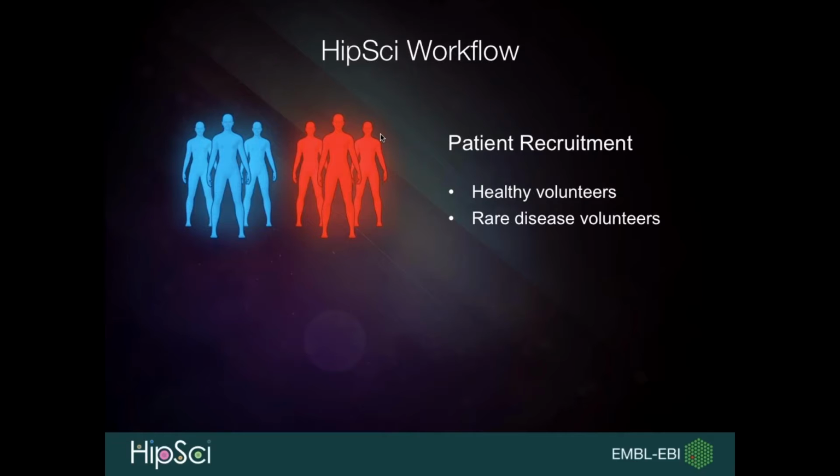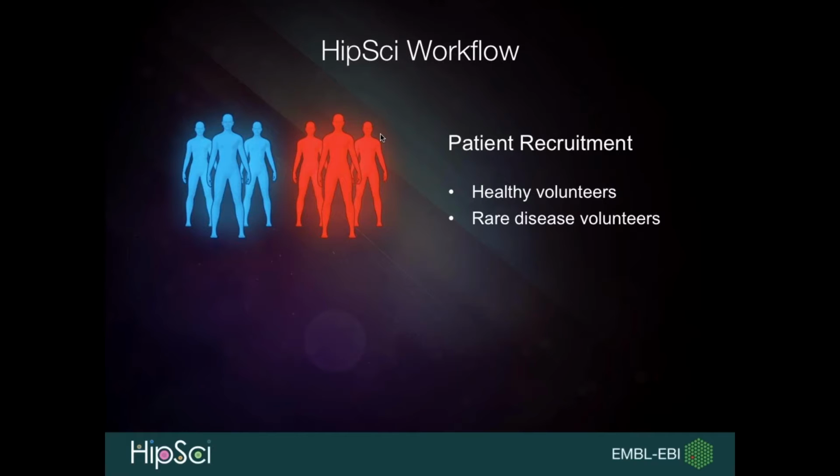This is how we generate the cell lines and what we do with the cell lines in the project. It all starts with patient recruitment. HipSci has taken tissue samples from hundreds of healthy volunteers and also from rare disease volunteers. This is quite a unique point about HipSci, that we have so many healthy volunteers in our iPS catalogue.